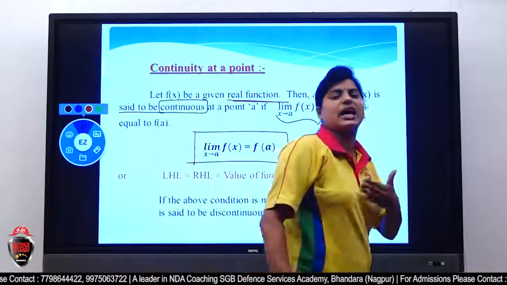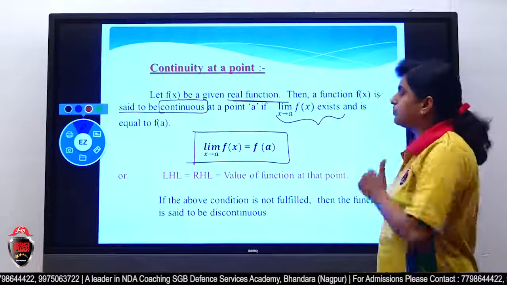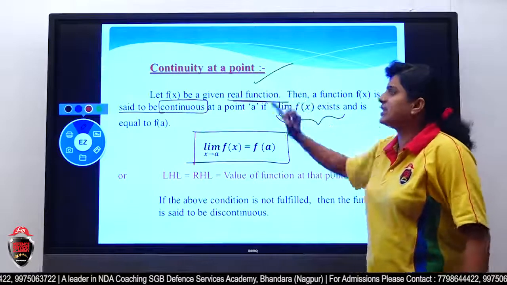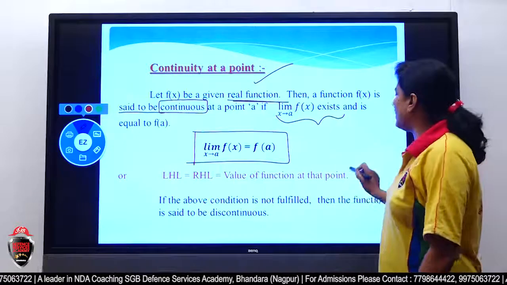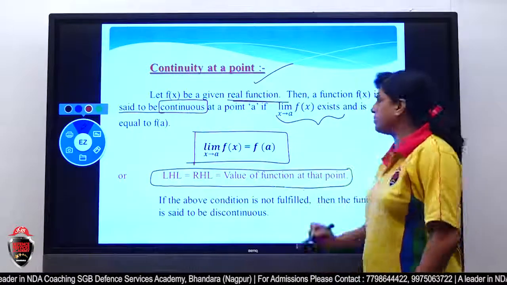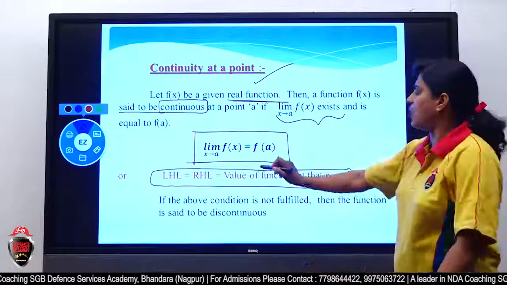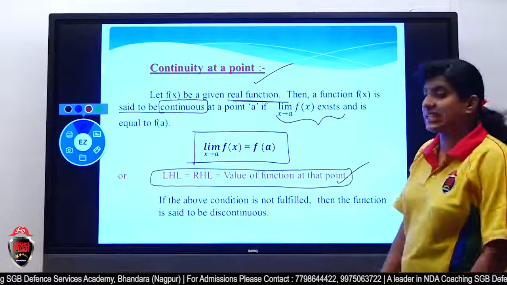If these things happen, then the given function is continuous at the given point. So continuity is satisfied when the left hand limit is equal to the right hand limit, and this value is again equal to the value of the function at that point.